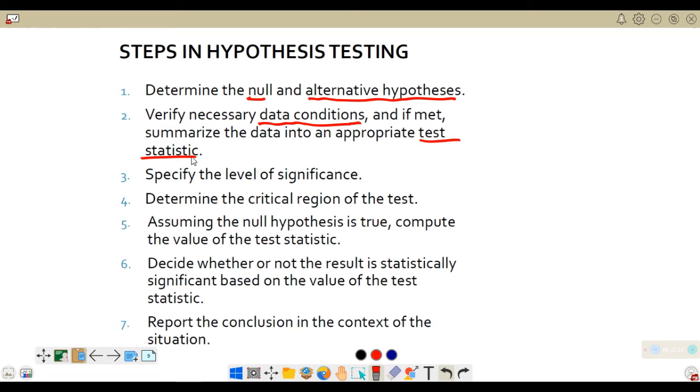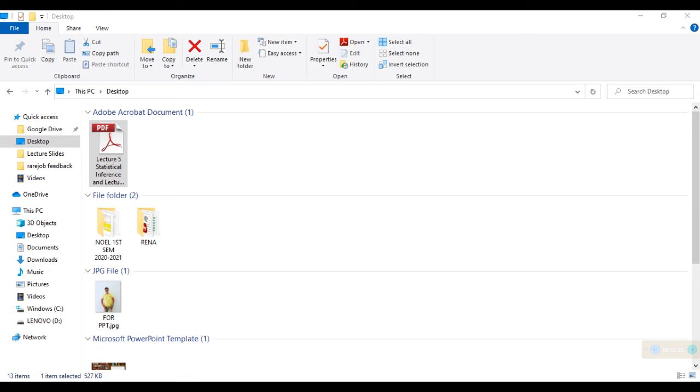Marunong kayo mag-classify kung nominal, ordinal, ratio, or interval. And also, data condition, ano ba yung target nung problem nyo? Ano yung target nung hina-hypothesize nyo? Siguro to give you a good view of what I am talking about, may papakita akong chart.